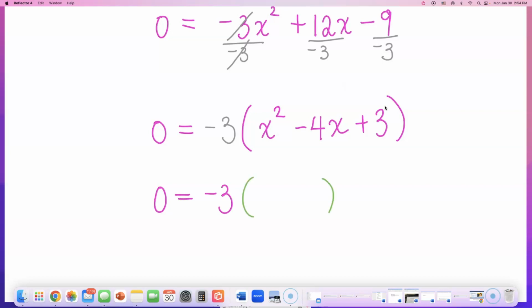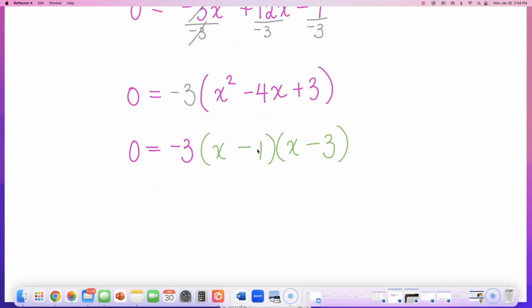So what times what gives you 3? There's only one pair, right? The only way to multiply 2 numbers and get 3 is 1 times 3. But if I make them both negative, I'll be able to add them and get a negative 4 in the middle. So this was factoring a trinomial with coefficient 1.